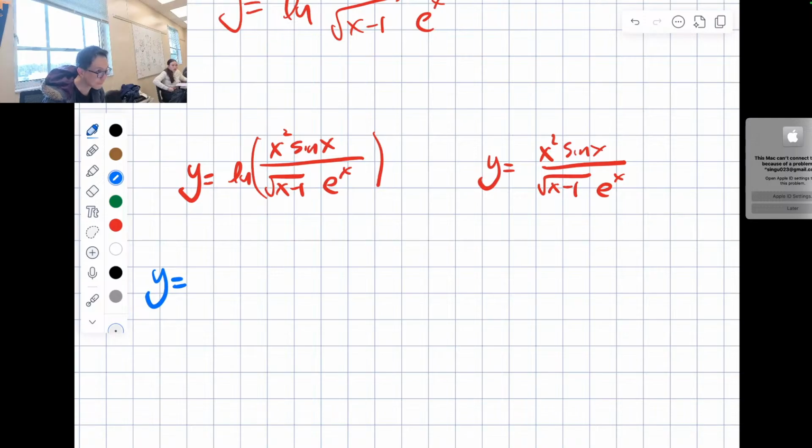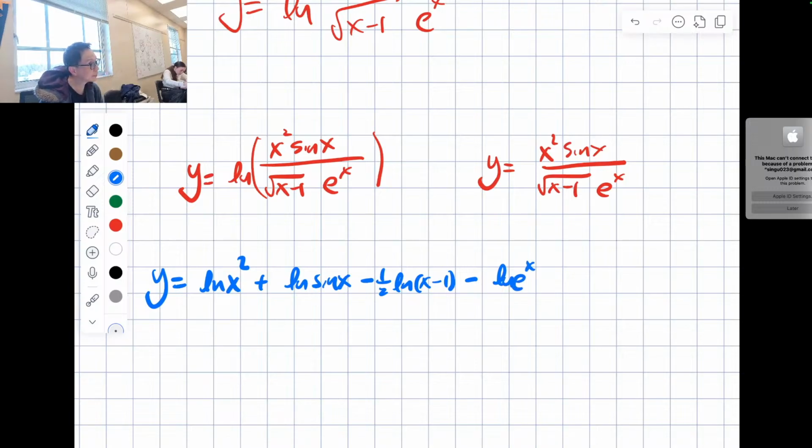That's wrong. Oh yeah, because it is minus. Okay, good catch. So ln of x squared plus ln of sine of x minus 1/2 ln of x minus 1. Oh, that is a 1 apparently. Cool. Minus ln of e to the x. Is that fully simplified? Not yet.